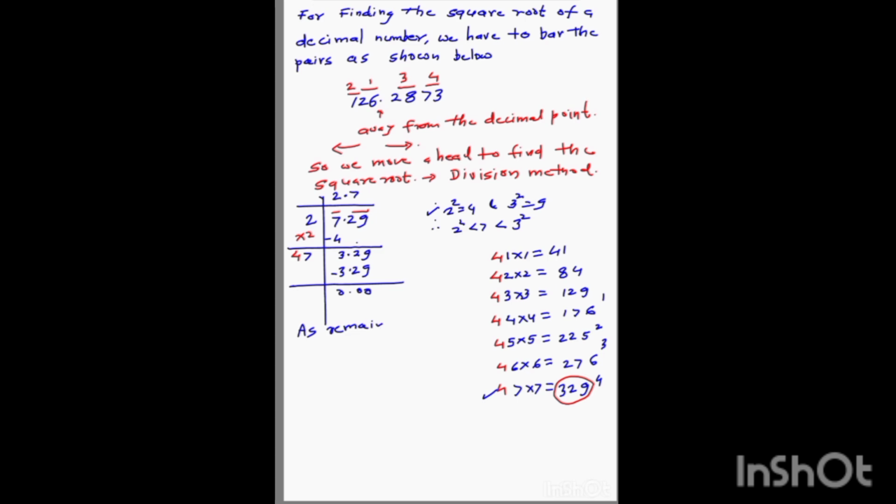That means 7.29, the original number, is a perfect square, or has a square root. So the square root of 7.29 is equal to 2.7, and where it is, just see, we have already found it out. That's it. Try some examples.